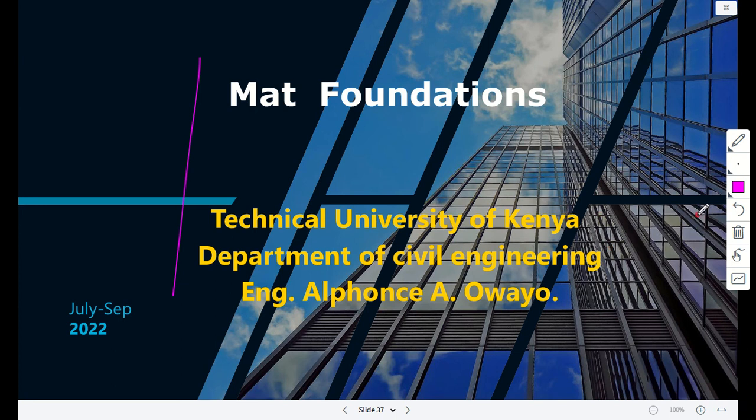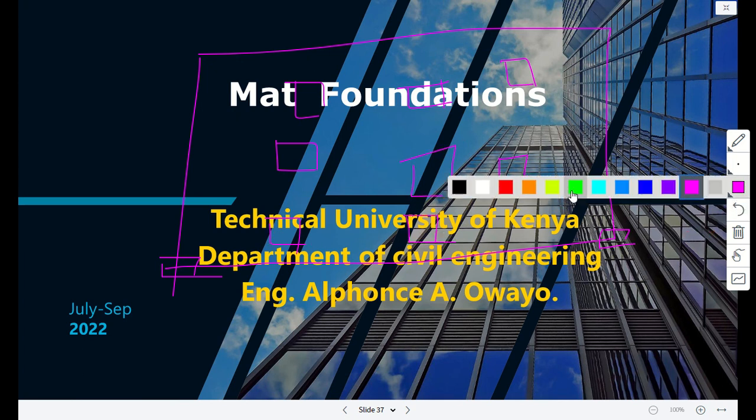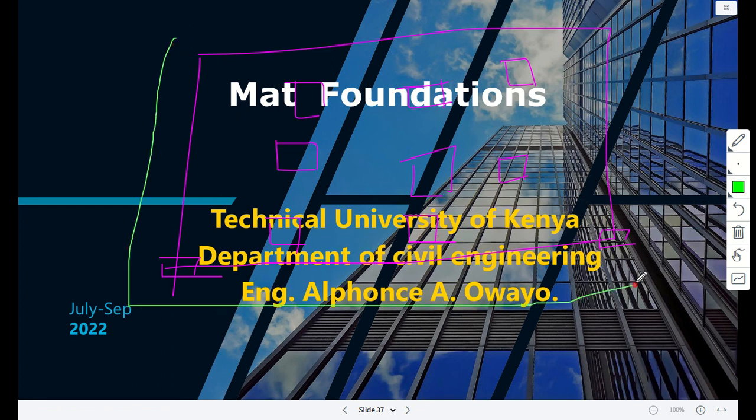For mat foundation, it means you have a series of columns, but in the layout the entire thing is going to act as one foundation, like that, like this, like that. So many columns there, but the entire thing is going to act as a foundation.